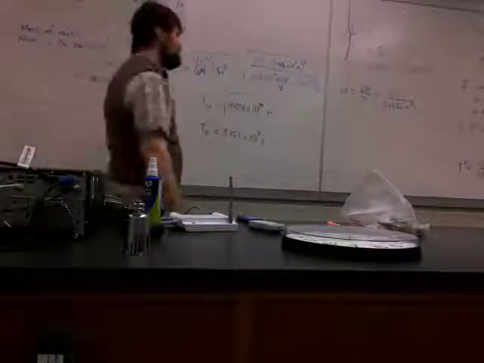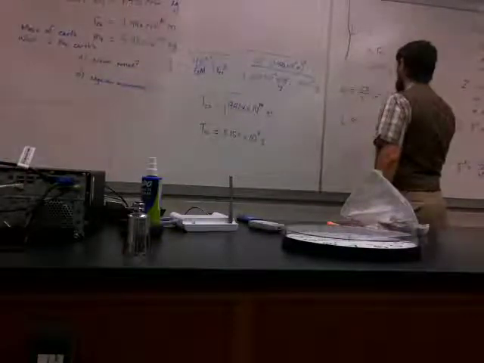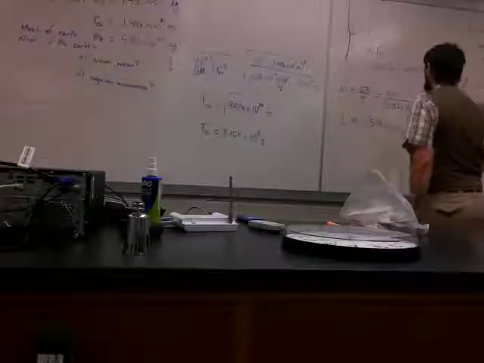And so our total angular momentum for the Earth around the Sun is approximately equal to 5.98 times 10 to the 24 kilograms times 1.496 times 10 to the 11 meters squared times 2 pi divided by 3.153 times 10 to the 7 seconds. So now we plug all that into our calculator.